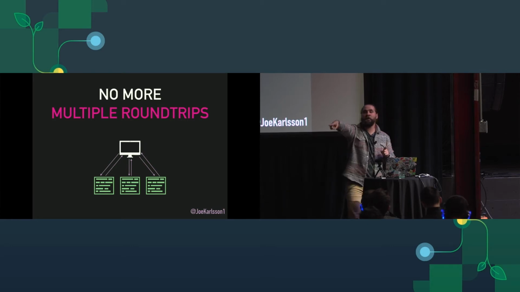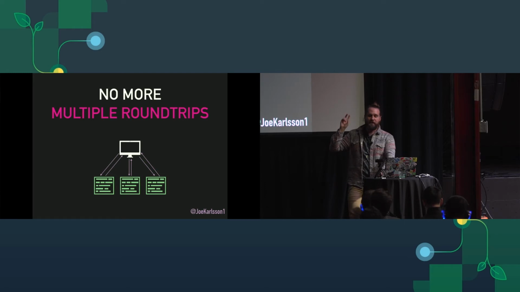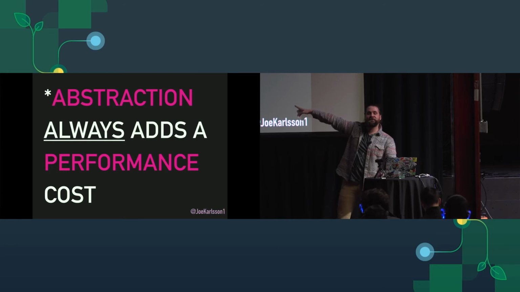You can make one request and get everything I need back. Awesome. This is important because, for some reason, I don't know why, we apparently have not been able to figure out how to transfer data faster than the speed of light yet. So that's a limit we have to deal with. And the more we can deal with that in practical ways, the better it is for us and the end users of applications.